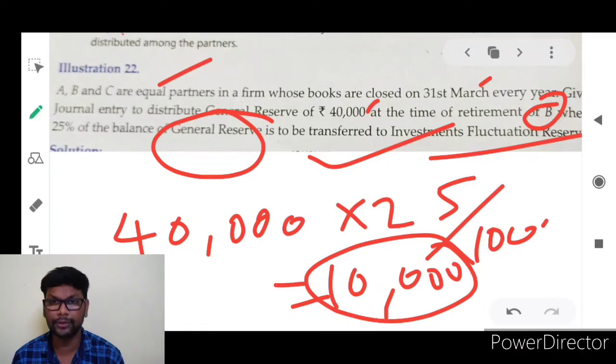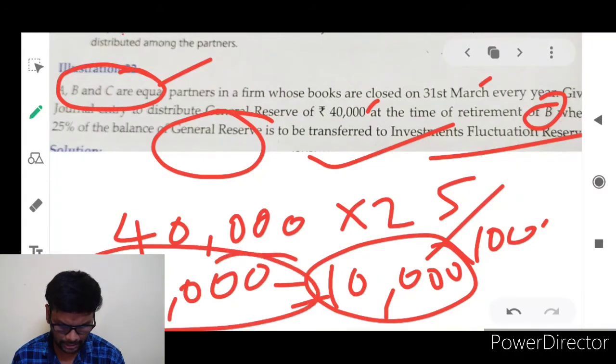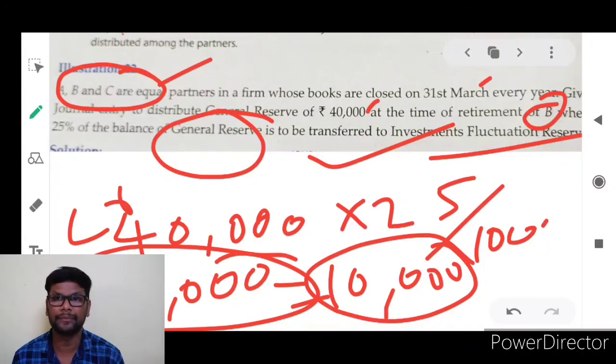What will the journal entry be? General reserve account debit 10,000 to investment fluctuation reserve 10,000. The remaining 30,000 is there, and all three partners share profits equally. So this remaining 30,000 will be transferred to all the partners' capital accounts, credit side, isn't it?